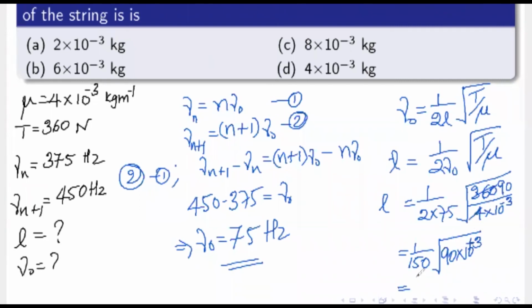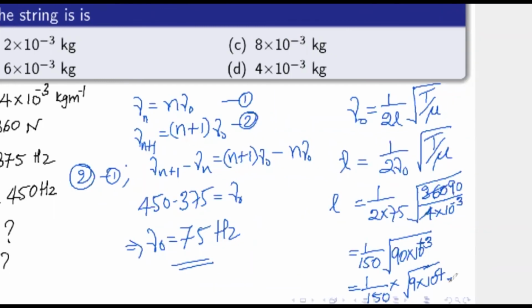Therefore, you can write this as 1 over 150 into root of 9 into 10 power 4, which gives you 3 into 10 power 2, that is 300, divided by 150, which is 2 meters. The length of the wire is 2 meters.